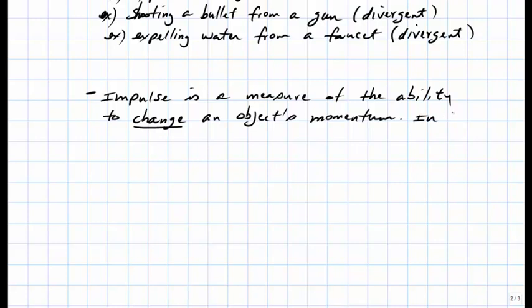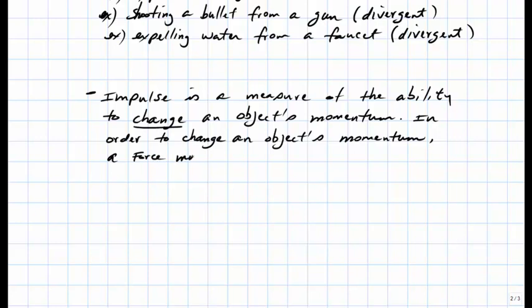Now, in order to change an object's momentum, a force must be applied over a period of time.